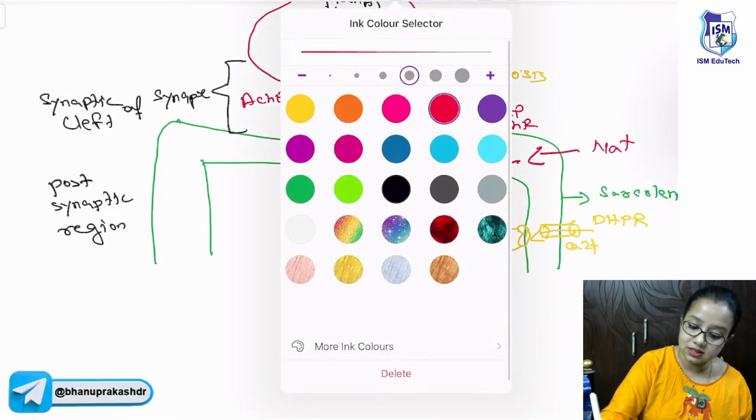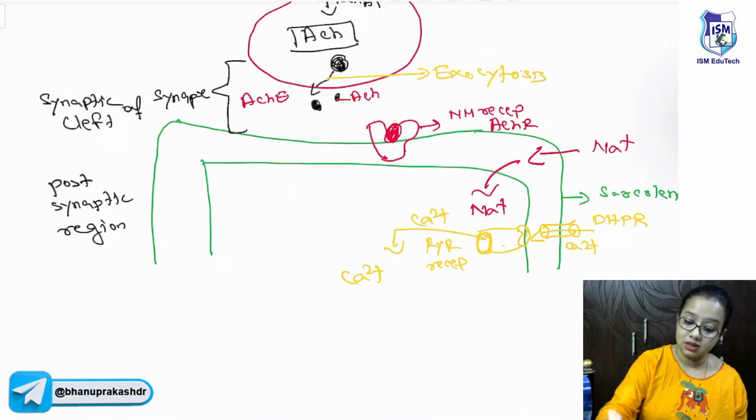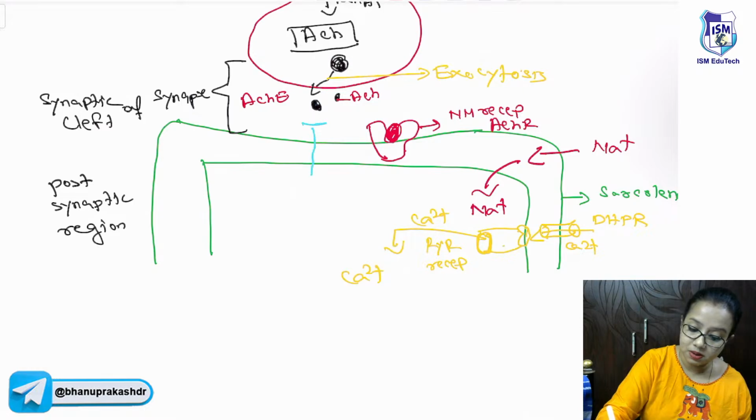Now, this acetylcholine receptor is supported by a cluster of proteins, like rapsyn. Then you have agrin.